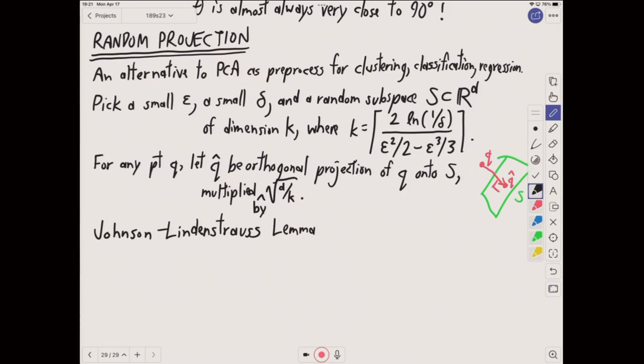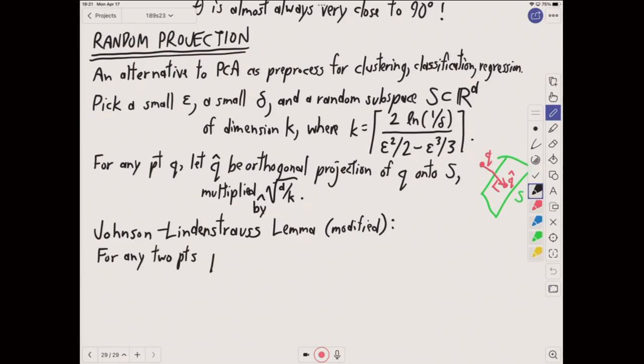From the class webpage, I have linked a proof that is relatively short and relatively intuitive compared to the original proof, although it's still not completely simple. The version of the lemma that I'm going to give you is modified from the original version. But if you want to find the version I'm using, the paper's linked from the class webpage. And here's what that linked paper says.